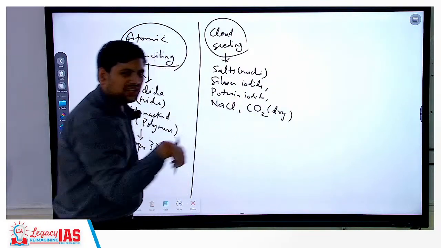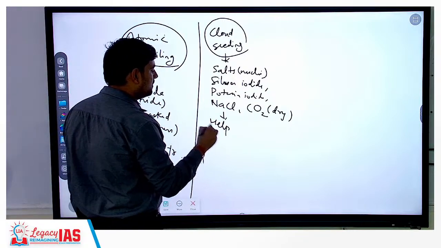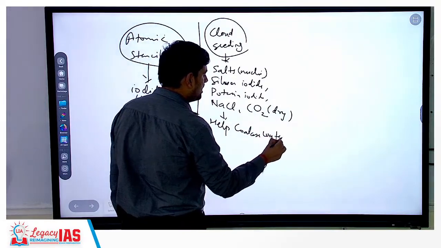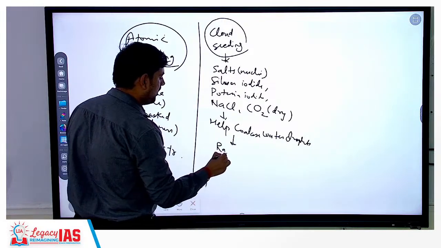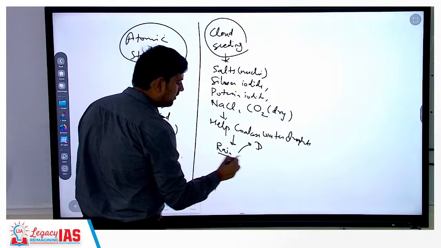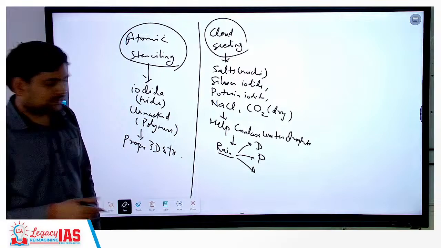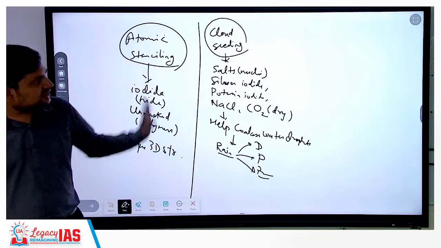So all these we can use, and you understand what it will do? It will help coalesce water droplets, and then it will lead to rain. Now this rain can help you fight drought, fight pollution, or pre-empt events, whatever. So all these things can be done. This is about cloud seeding.